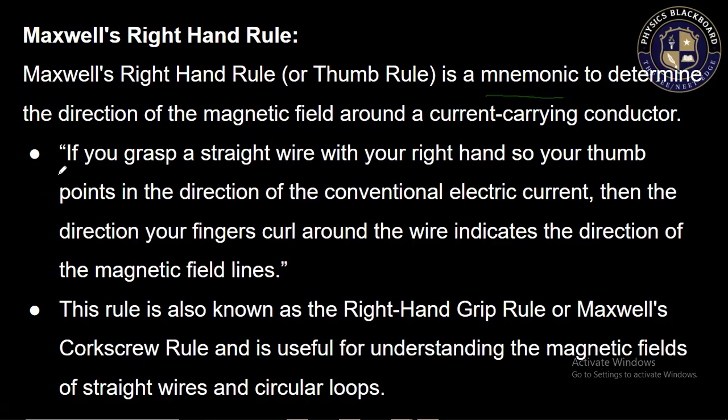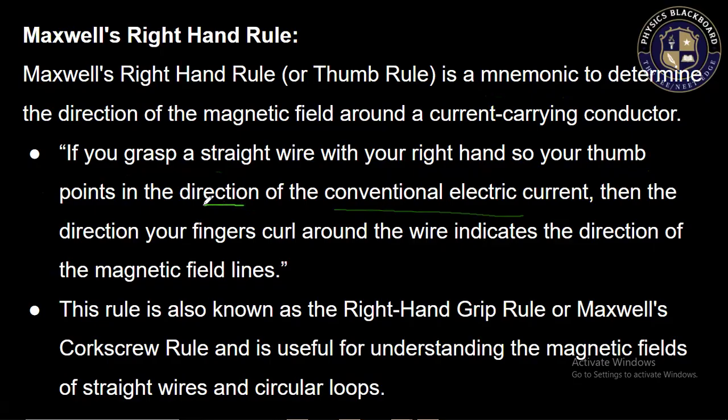Okay, let's see how we can use this thumb rule to determine the direction of magnetic field around a current carrying conductor. First, assume that you grasp a straight wire, a linear conductor, with your right hand so that your thumb points in the direction of conventional electric current.